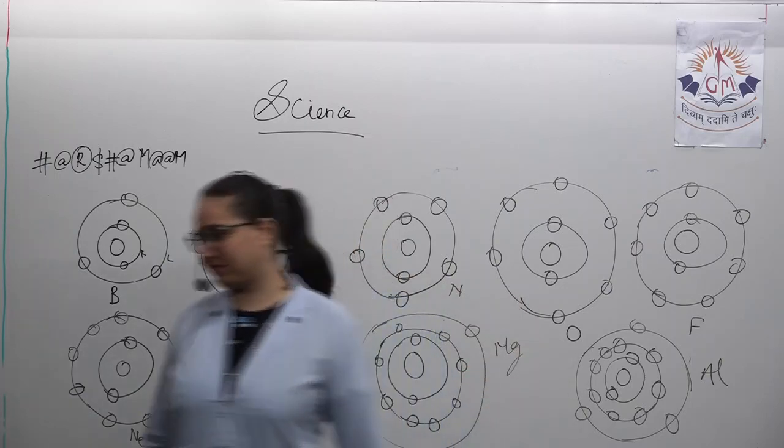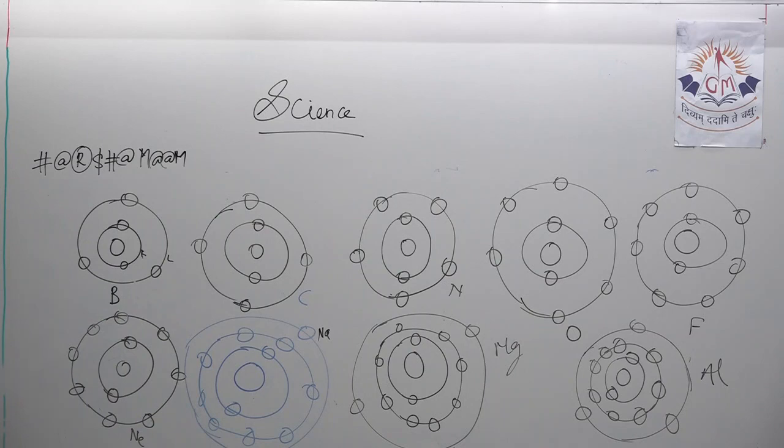Be quick. Quickly note down all the electronic configurations of aluminium. We will do till 20.